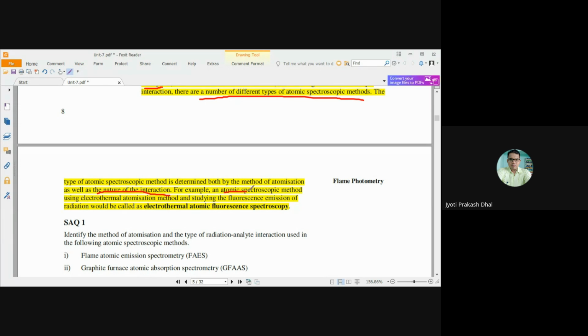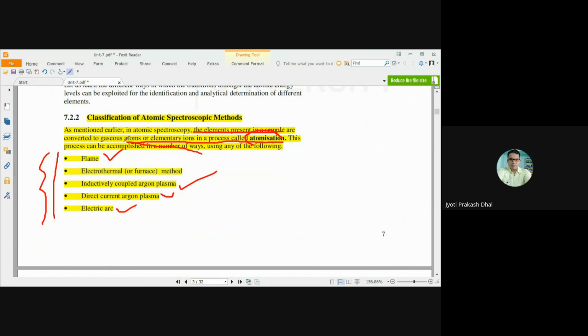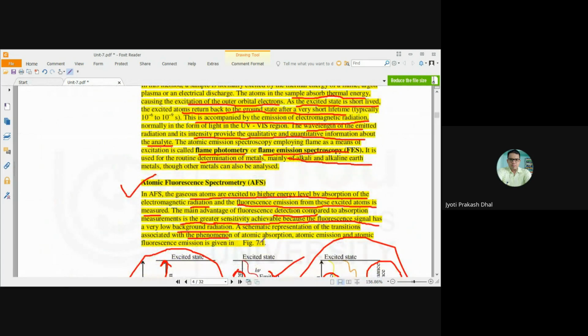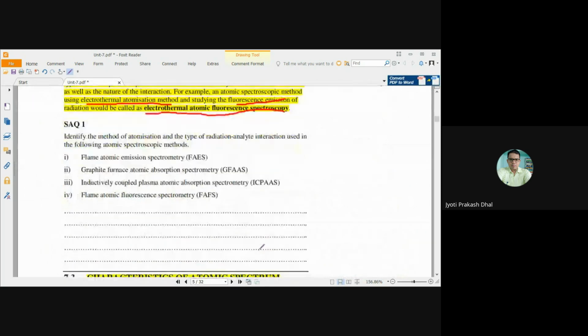For example, if the atomization technique is electrothermal atomization and we study fluorescence emission spectroscopy, then that is called electrothermal atomic fluorescence spectroscopy. Here 5 different atomization methods and 3 corresponding atomic spectroscopic techniques are there, and hence a total of 15 different atomic spectroscopic methods.